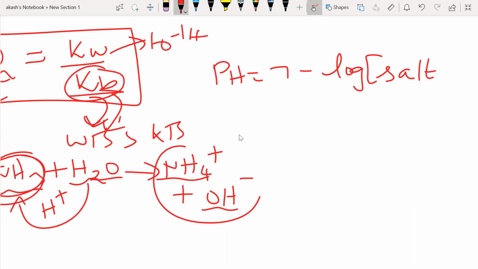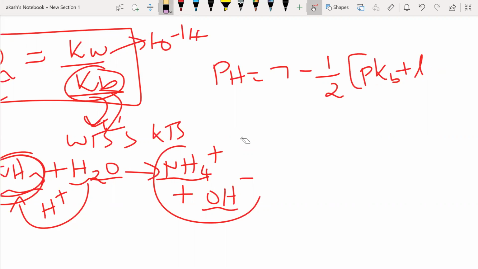The next thing we'll be studying is buffer solutions, and I get confused between salt hydrolysis and buffer solutions. That's the point. So it will be 7 minus half into (pKb plus log C).